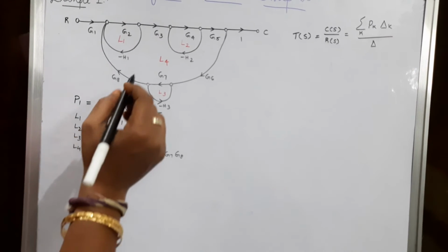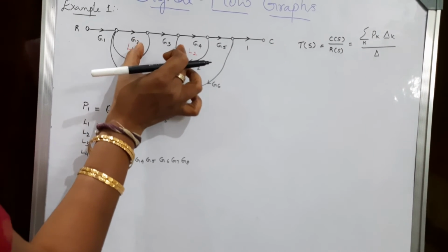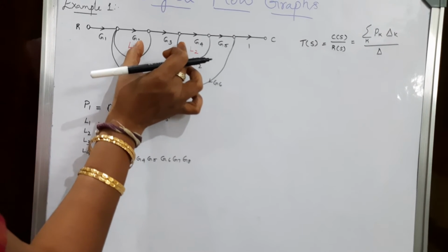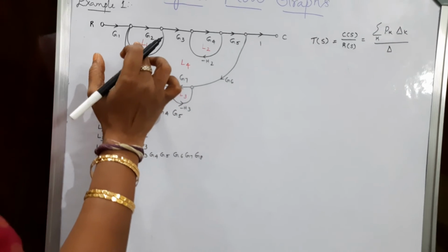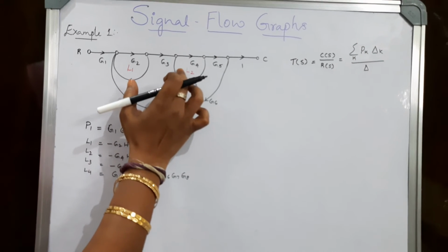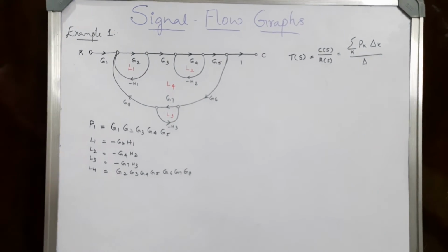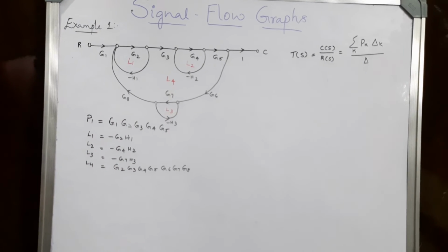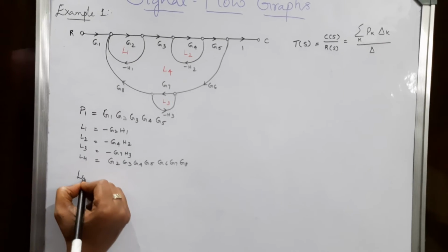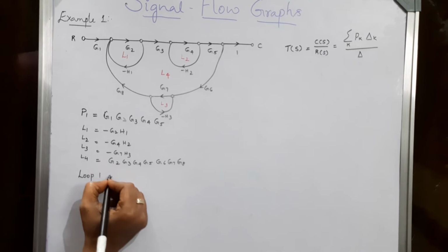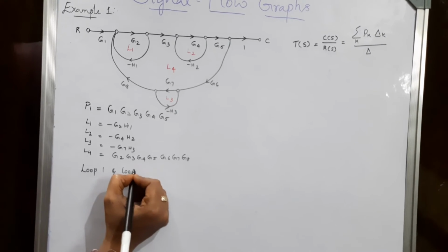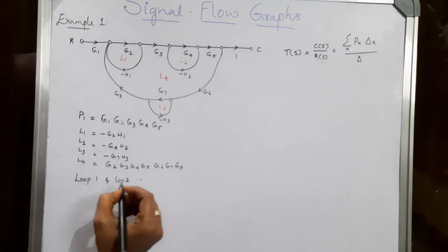So let's take first two loops, that is non-touching loops taken 2 at a time. So I consider first L1 and L2. Obviously these two are not touching to each other, so I can consider these to be non-touching loops. So loop 1 and loop 2 are non-touching to each other.